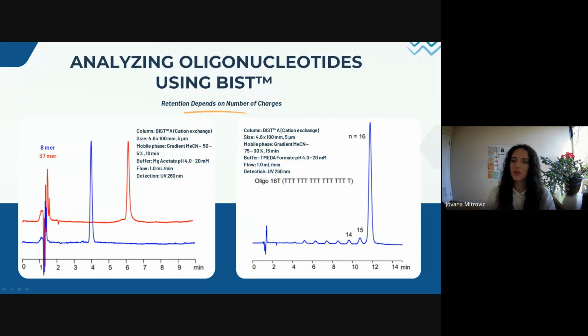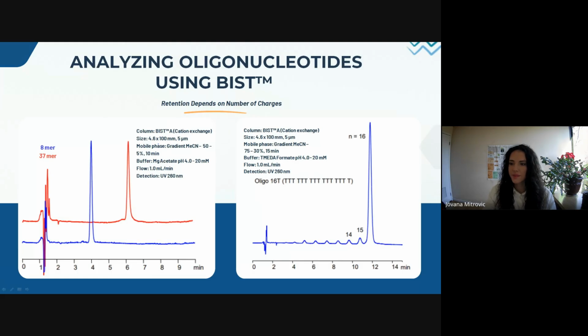Meaning, when we slowly increase the water content in the mobile phase, the water starts solvating ions, where molecules with fewer charges elute first, and molecules with more charges, such as the 37-mer, will elute later when water content is higher and ions solvate more to significantly reduce electrostatic interactions.